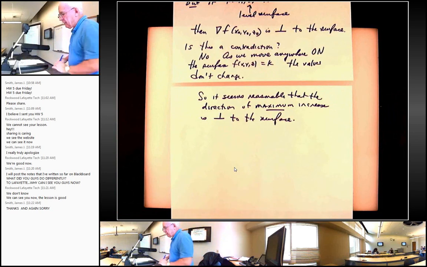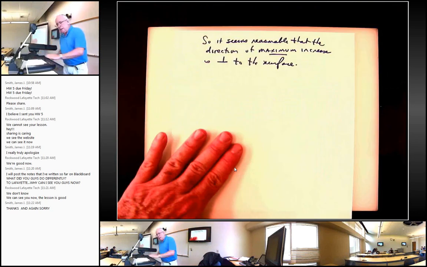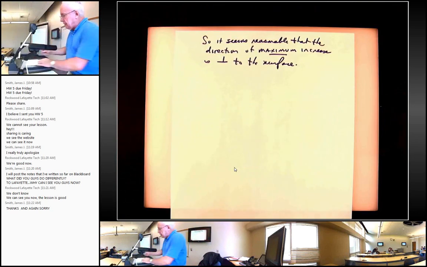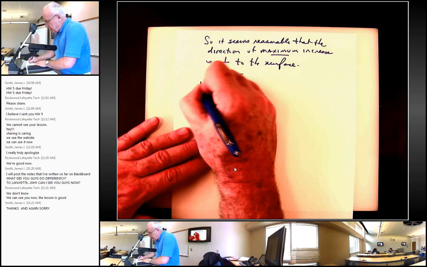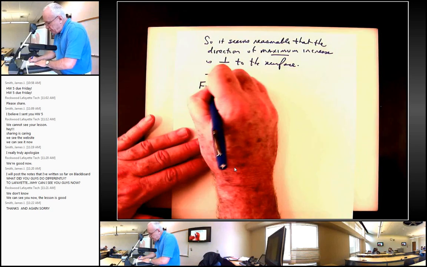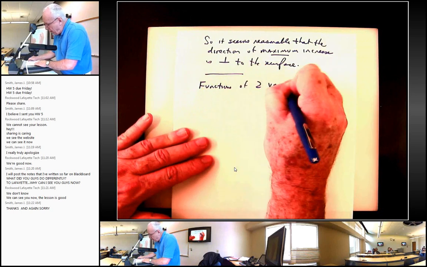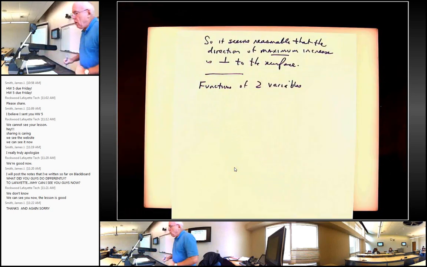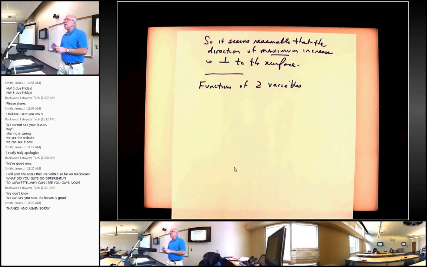I think I can get this in. This isn't much. The very last thing I want to look at is just briefly when we have functions of two variables. Now, with functions of three variables, if we set that equal to a constant, we get a level surface, right?